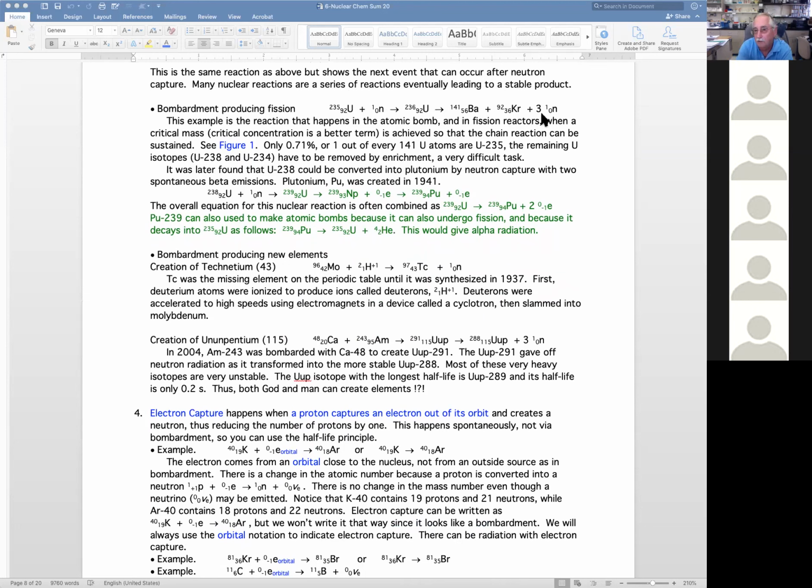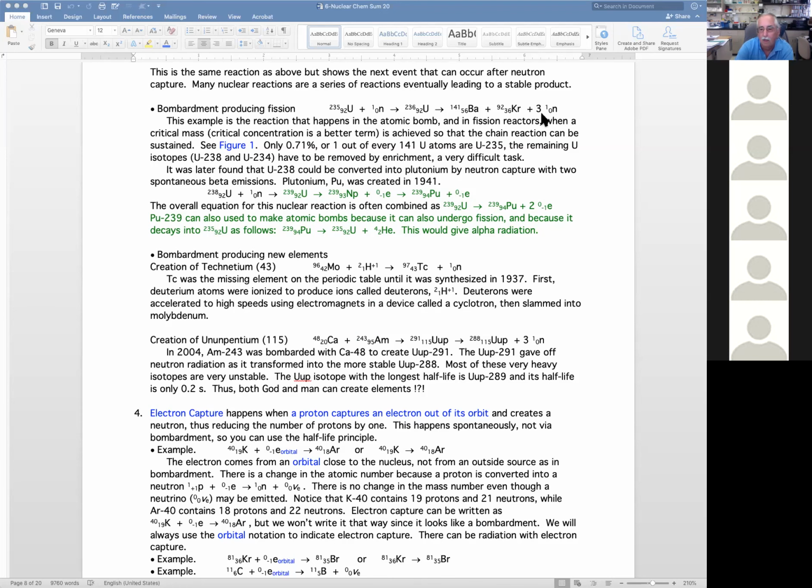Now, this particular reaction is what happens in the atomic bomb. It's what happens in fission reactors. We do not have active fusion reactors in production right now, only fission.